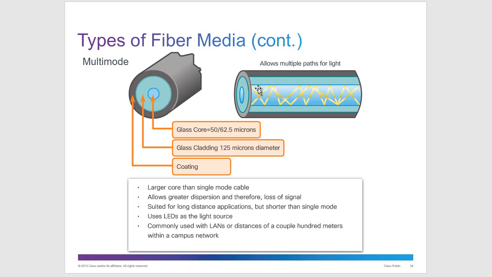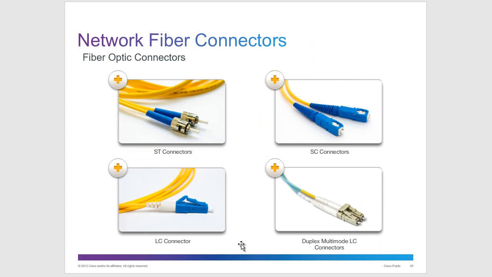So if you need to cover a greater distance, you'd go with single mode fiber optic versus multimode. But if it's a shorter distance, you're probably going with multimode for the throughput. Okay, uses LEDs as a light source, commonly used with LANs or distances of a couple hundred meters within a campus network.